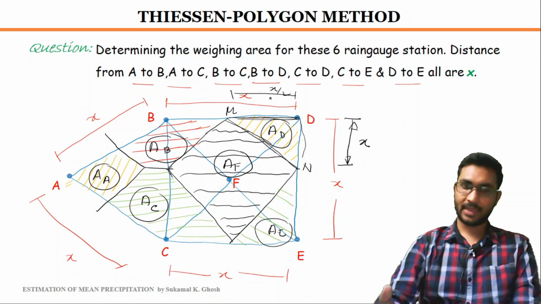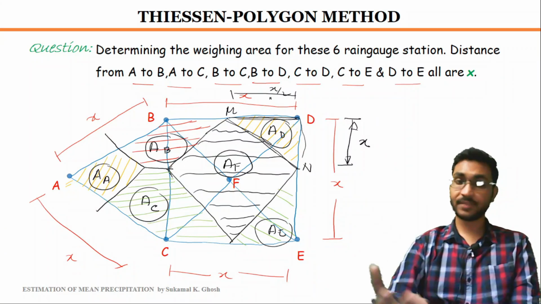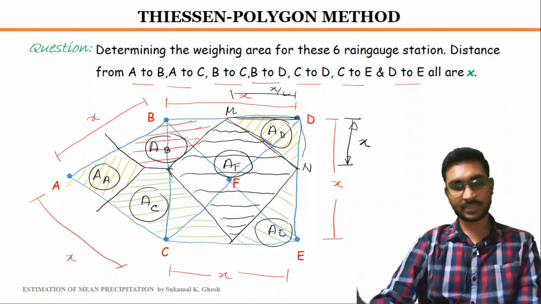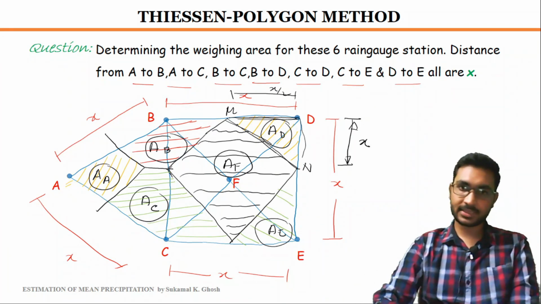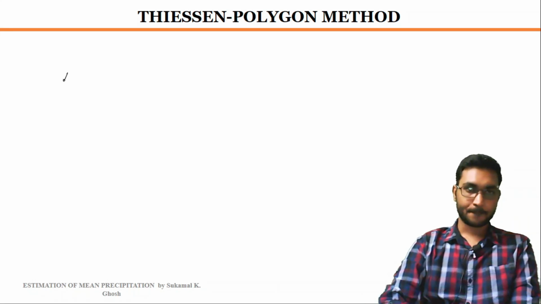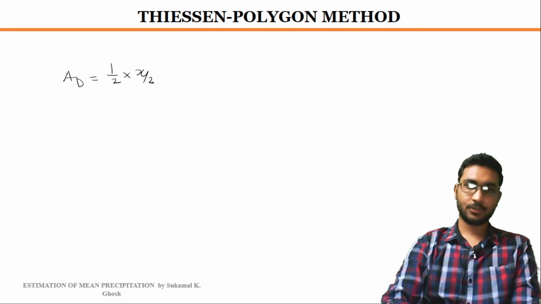So we have the height of the triangle and we have the base of the triangle. From this we can calculate the area of this triangle MDN, and the area of this triangle is nothing but the weighted area for D, that is AD. So the area of AD will be half into x by 2 into x by 2, so it will be x square by 8.